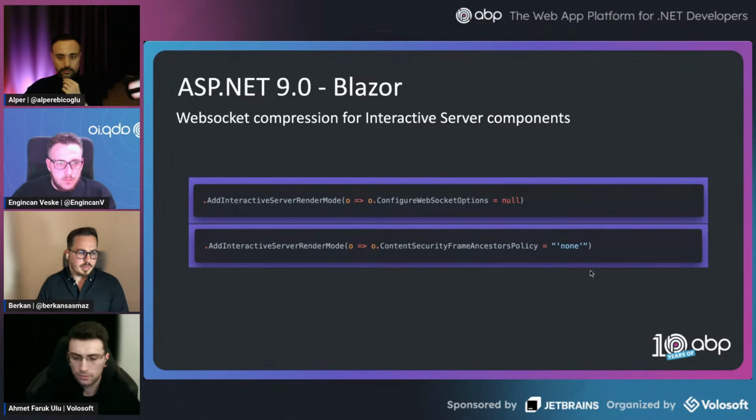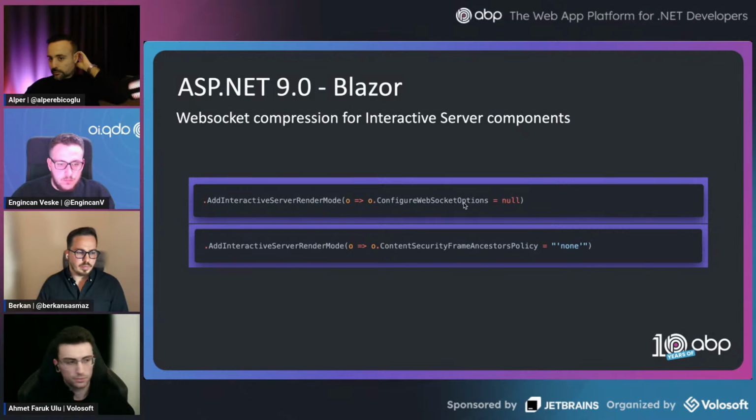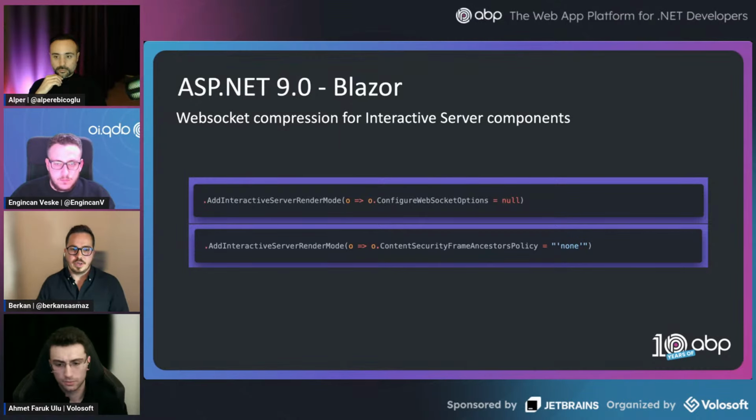Compression can be disabled by setting ConfigureWebSocketOptions to null, which reduces the vulnerability of the app to attack, but may result in reduced performance. And ConfigureStrictFrameAncestorsContentSecurityPolicy with a value of 'none' allows WebSocket compression, but prevents browsers from embedding the app into any iframe.